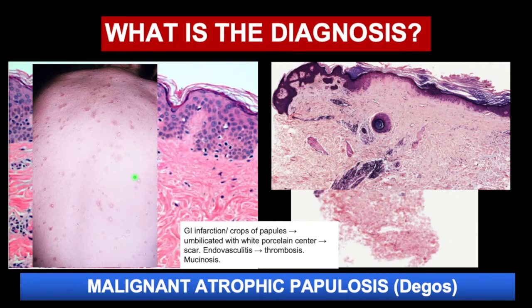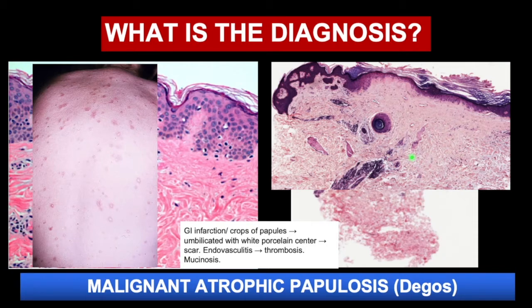And the scar, of course. At the beginning of this lesion you will see the vasculitis. If you take a biopsy at the end of those lesions, you will see scarring, and usually there is a thrombosis that affects the endovascular area, and that's the mechanism.